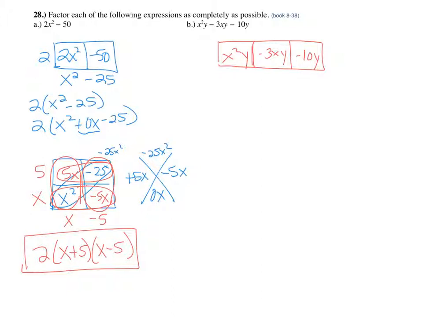In this case, they all have a y. And you pull that out. And then you think about, okay, that times what gives you that. And that times what gives you that. And that times what gives you that.